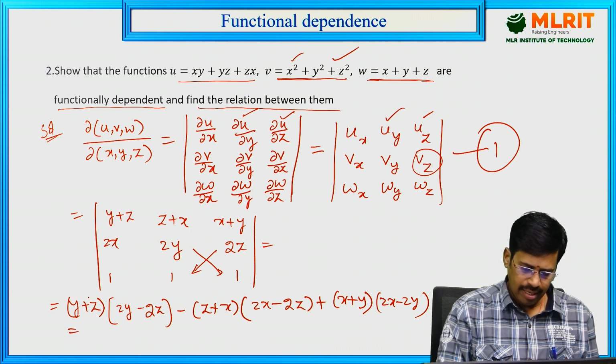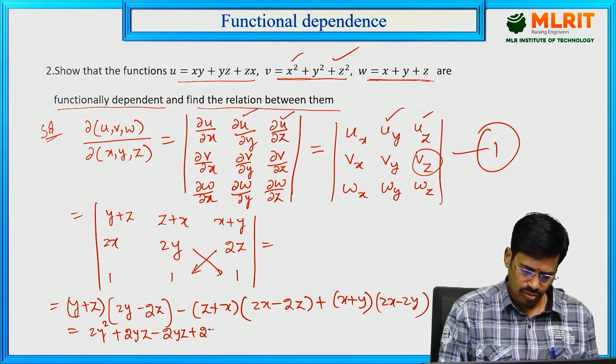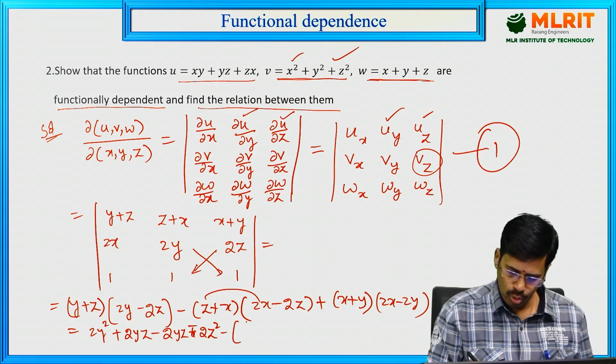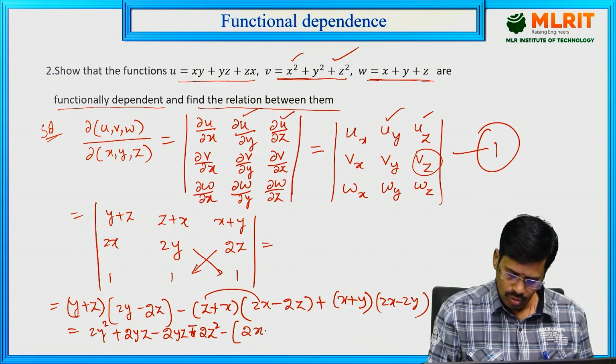So let us multiply each and every term. This is 2y square plus 2yz minus 2yz plus 2z square, sorry, minus 2z square. Similarly, z into 2x is 2xz.